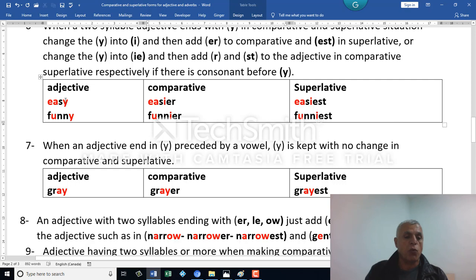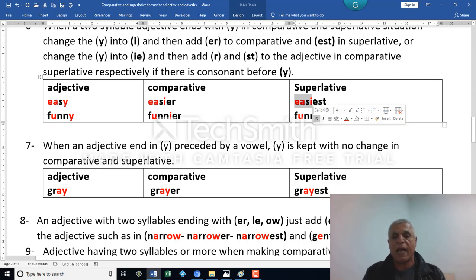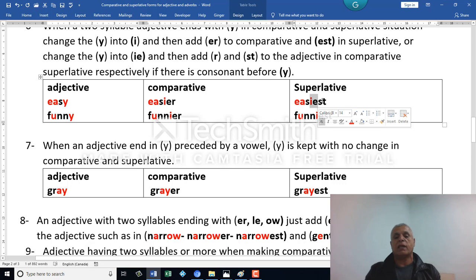Either we change the y to i, as we did here in comparative, then we add er to it. Or sometimes we say we change y to ie, then we add r to it. Then in superlative, we change the y to i, then add est to it. Or we say change y to ie, then add st to it.